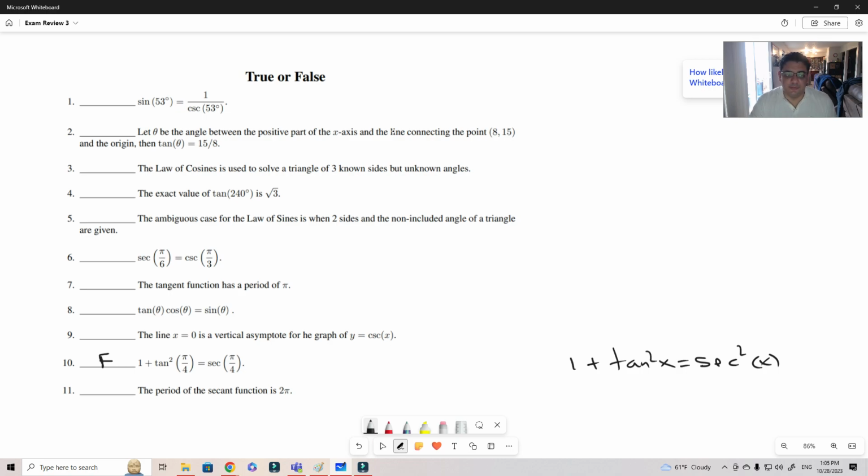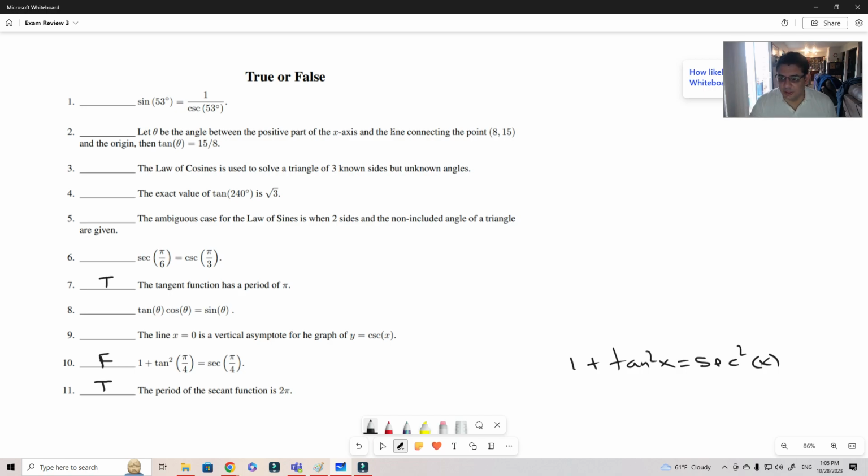Otherwise, most of these statements are true. For example, the period of the secant function is 2 pi, and the period of the tangent function is pi.